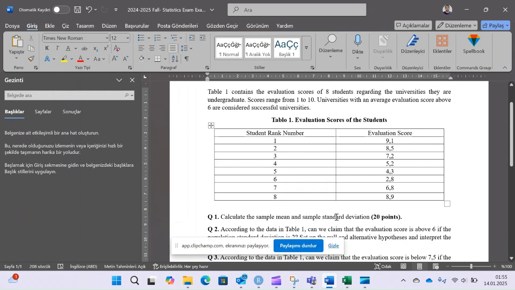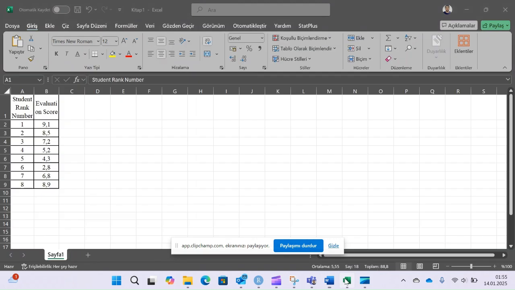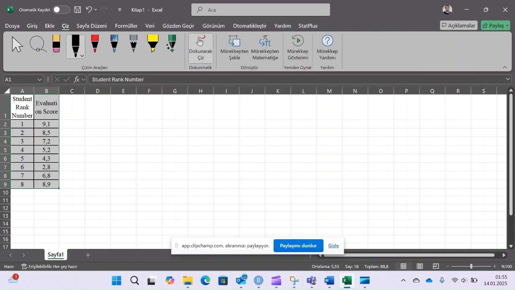Okay, the sample mean and sample standard deviation. First, let's calculate them. I took the values to an Excel file, but I will do a handmade calculation actually. So let me first draw the formula of the mean.